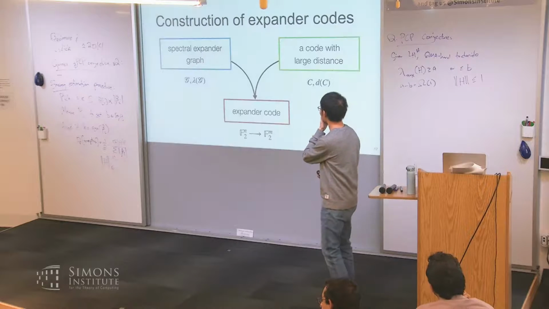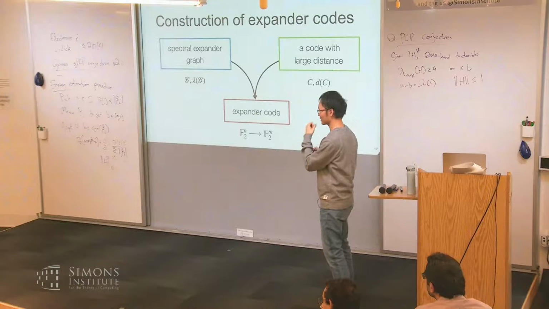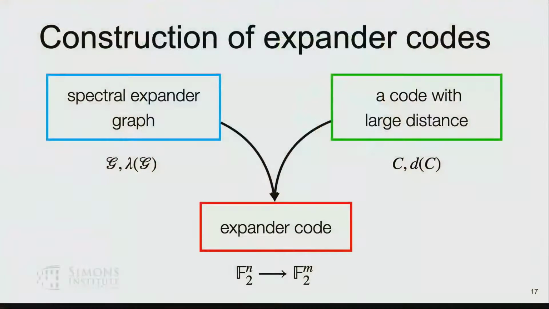Okay, so for the construction, all constructions follow a similar general scheme, which is that we combine a graph and a local code to form the Tanner code. In the simplest case of expander codes, we take a spectral expander graph and a local code with large distance.